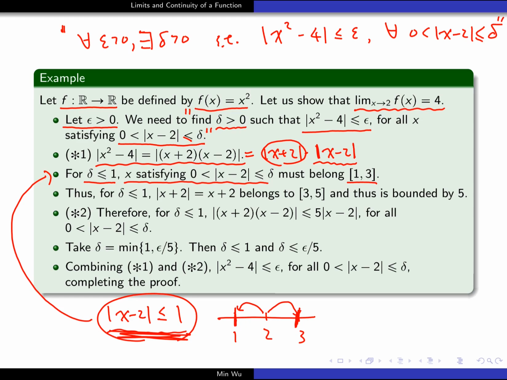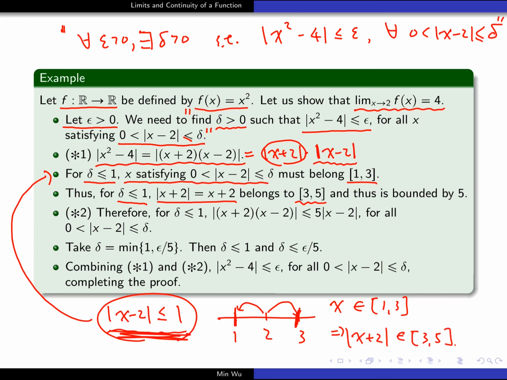So you can see for the next line. For the same delta, if delta is less than or equal to 1, then |x + 2| belongs to [3, 5], because x belongs to [1, 3].